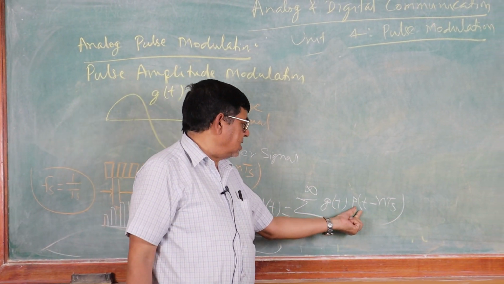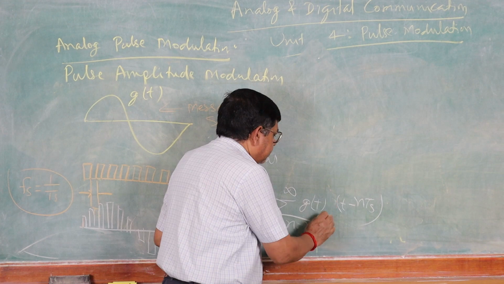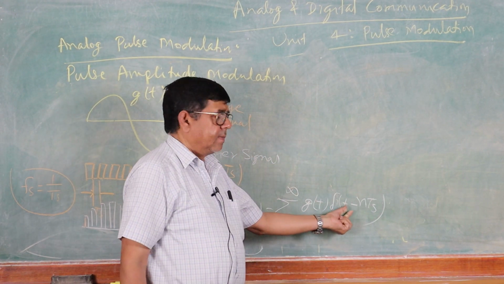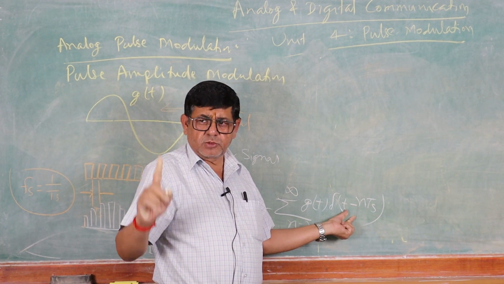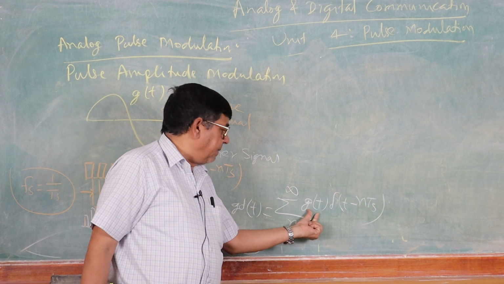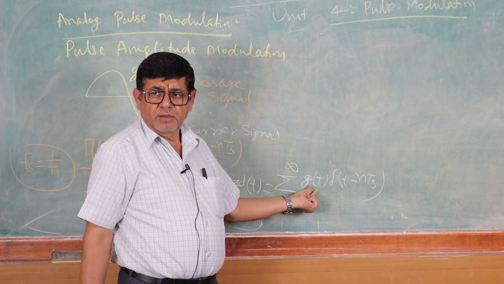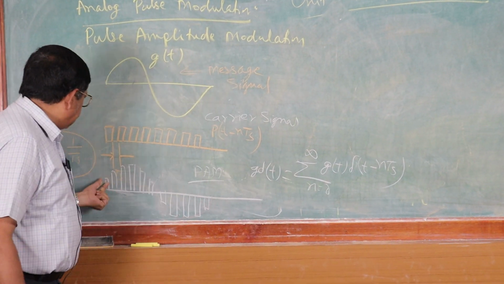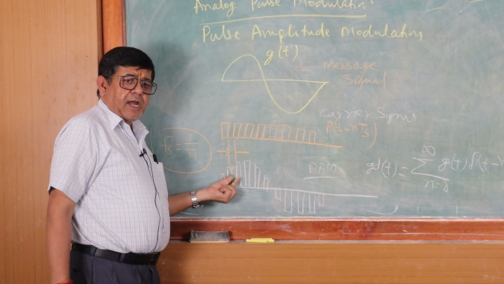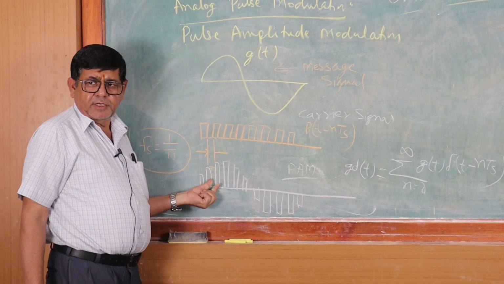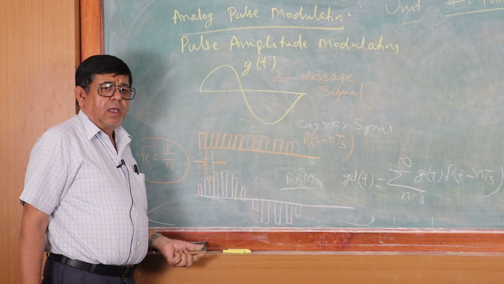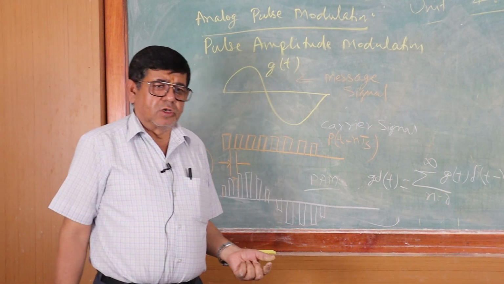If we take it as an impulse function delta, then the impulse function has amplitude always 1. So this is the weighting function, which will decide the amplitude of the signal at a particular point of time. So this is your pulse amplitude modulated signal.